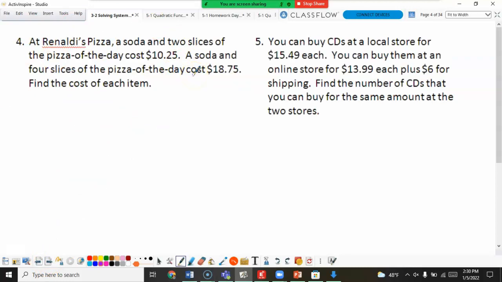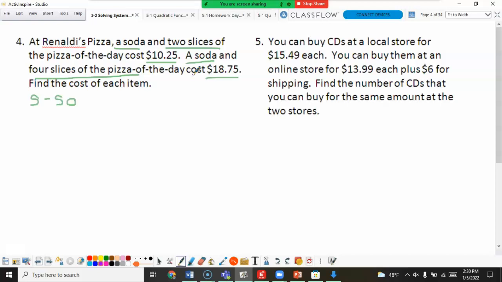We can apply these to word problems. So it says a soda and pizza cost $10.25. A soda and 4 pieces of pizza cost $18.75. What is the cost of a soda and a piece of pizza?